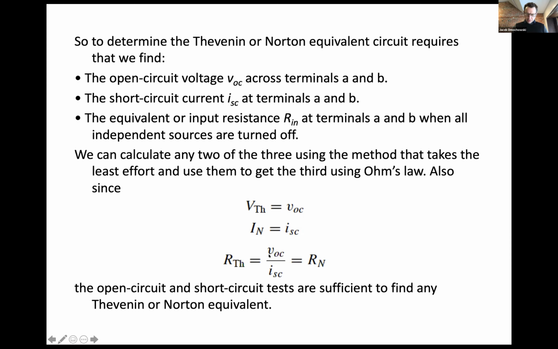And those are equal to the Thevenin voltage divided by the Norton current. In other words, if, for example, you didn't feel like computing the equivalent impedance, you could just solve for the Thevenin voltage and then solve for the Norton current and then use Ohm's law. It's up to you which two of these three you solve for, but usually you solve for VTH and RTH, or you solve for IN and RN.